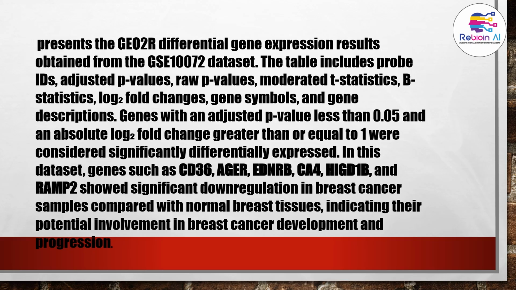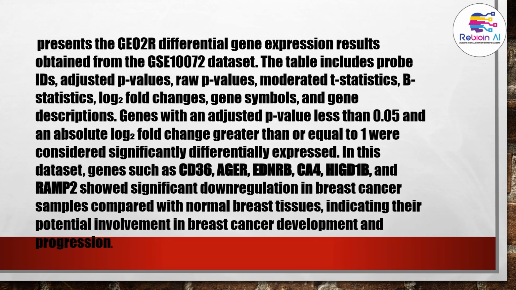This presents the GEO2R differential gene expression results obtained from the GSE10072 dataset. The table includes probe IDs, adjusted p-value, raw p-value, moderated t-statistic, B-statistic, log fold change, gene symbol, and gene description.